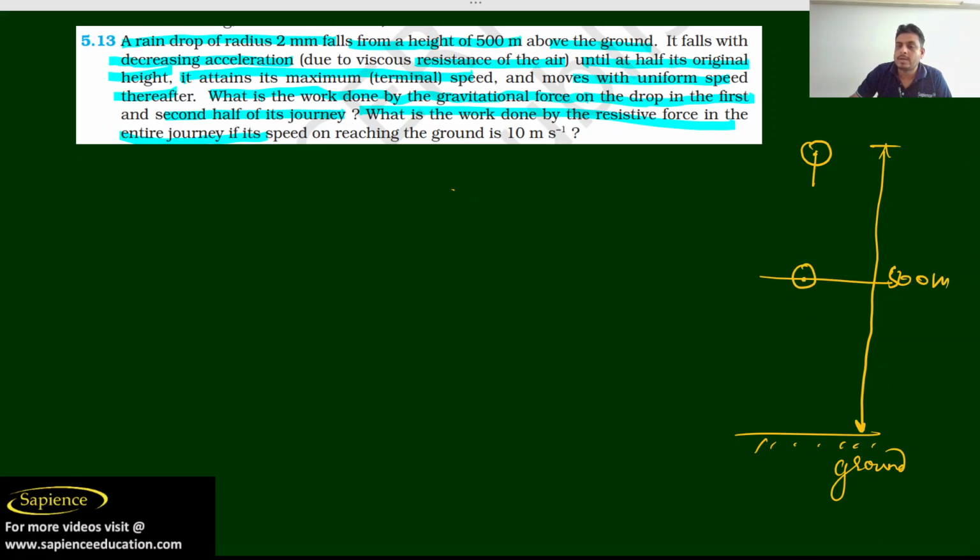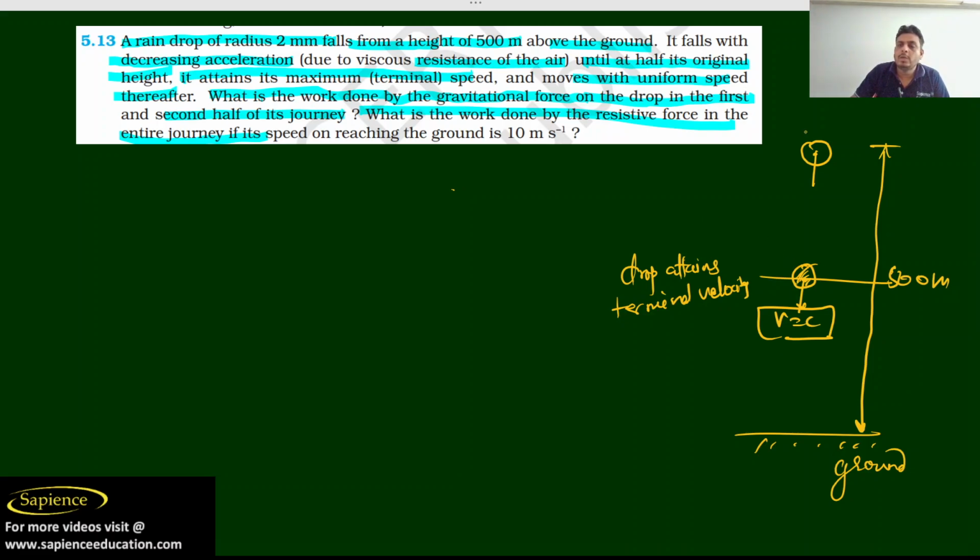At this part, the drop attains terminal velocity. What do you mean by terminal velocity? It means that its velocity will remain constant after that due to air friction.